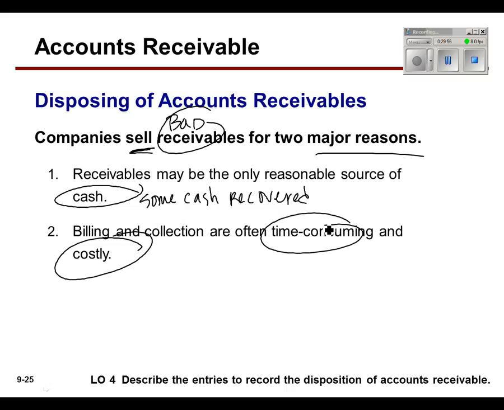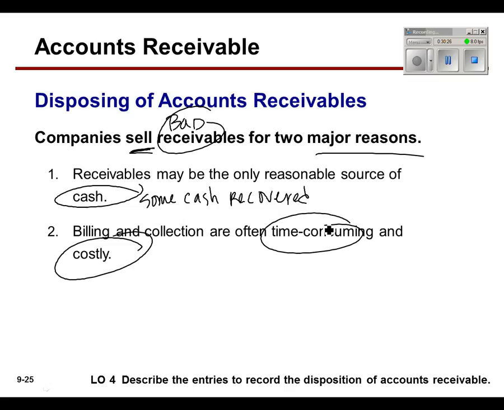Someone has to be making the calls and doing the paperwork, and that someone is getting paid, and we may have to go to court, which is going to be very expensive, as Mitchell was asking. So the reason that companies decide we're done with these bad receivables is that at least if we sell them, we're going to get some cash out of the deal, and we're sick of the time-consuming cost involved with this.